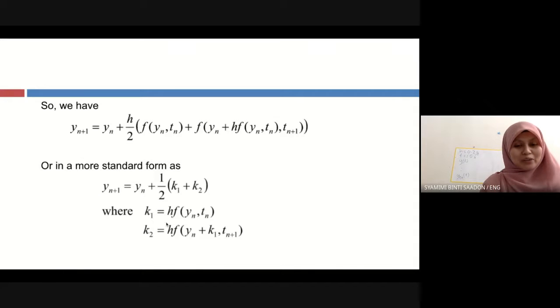And what are k1 and k2? k1 is h times the function of yn, the derivative, and k2 is h times f of yn plus k1, tn plus 1. So you have to calculate k1 and k2 first, and then substitute in the equation, and we get yn plus 1. Starting from y0, we get y1, and then y1 is used to get y2, etc. until yn. This is the second order Runge-Kutta method.